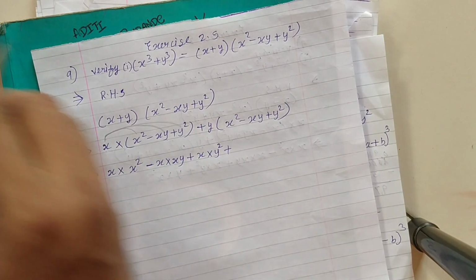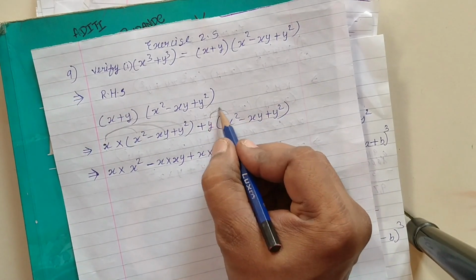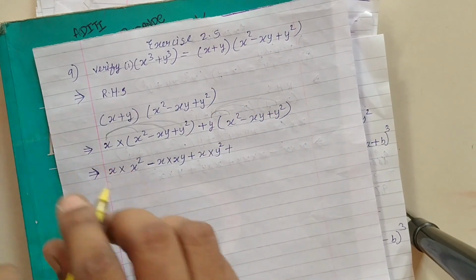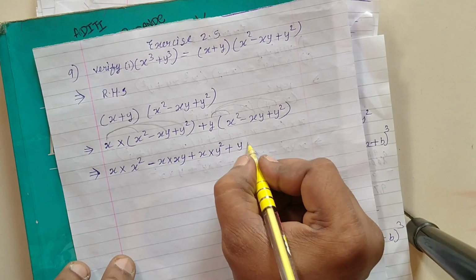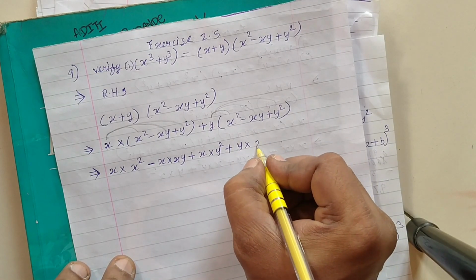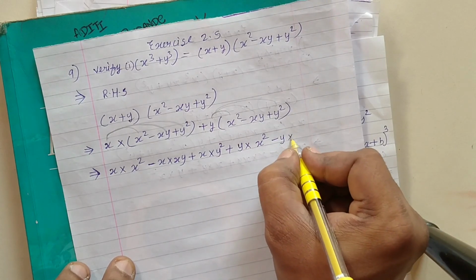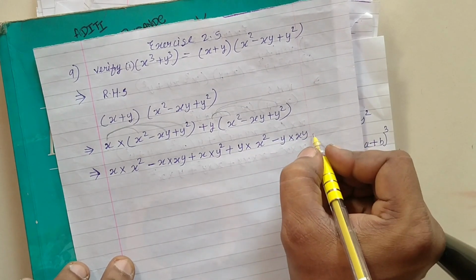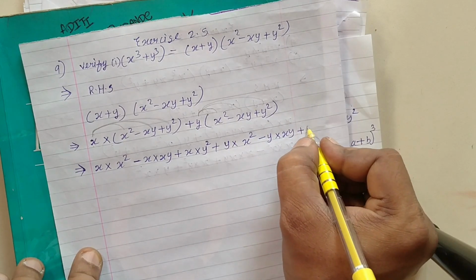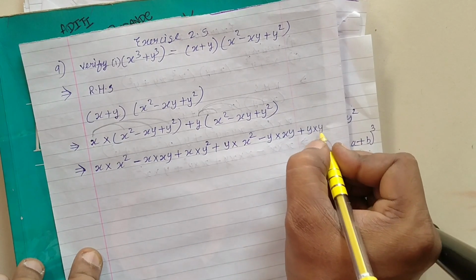Same way here also we will multiply y with each term inside the bracket. So y will get multiplied with x square, then plus into minus, minus, then y will get multiplied with xy, then again plus into plus, plus, so y will get multiplied with y square.